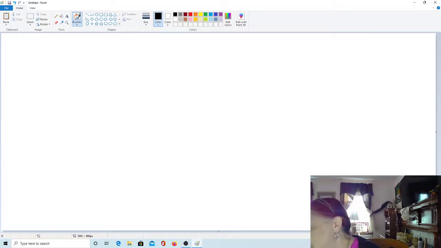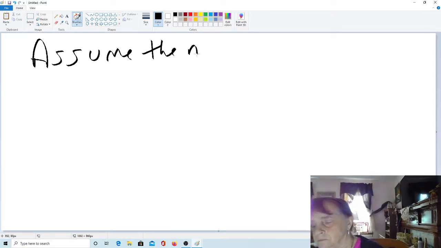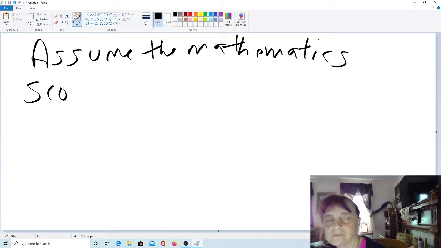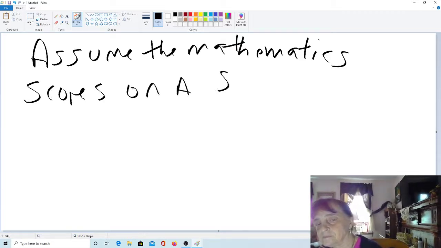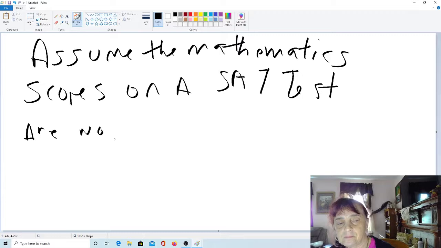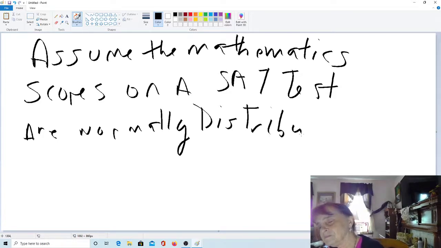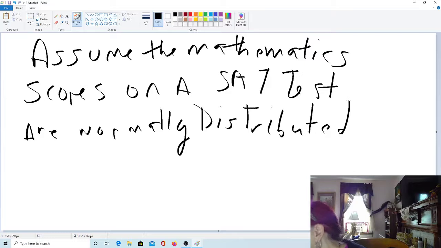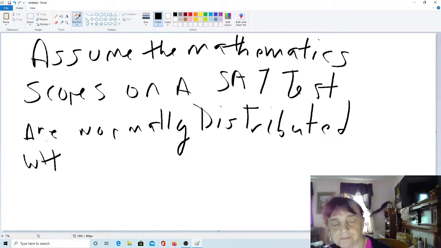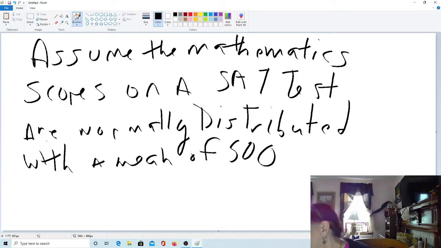Okay, on this problem, assume the mathematics scores on an SAT test are normally distributed with a mean of 500 and a standard deviation of 100.